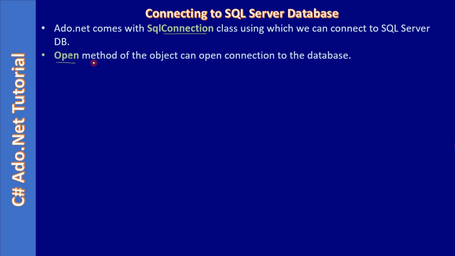Open method of the object. So we have to create an instance of this SqlConnection, and the open method of the object can open a connection to the database.